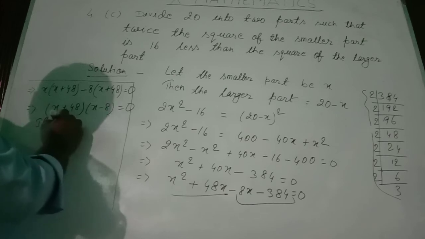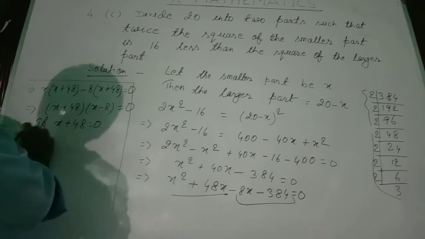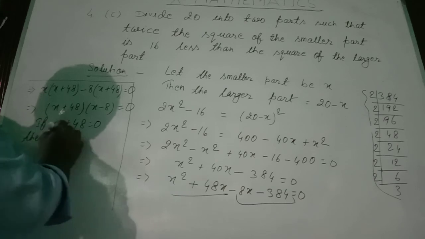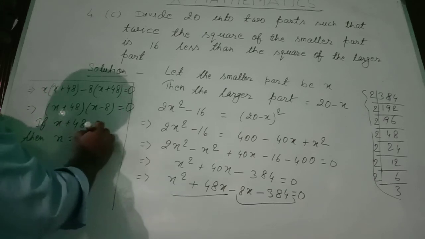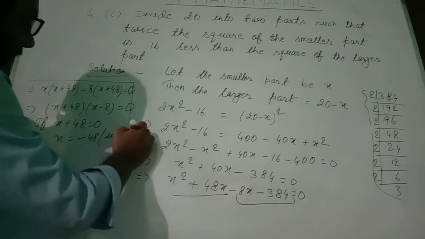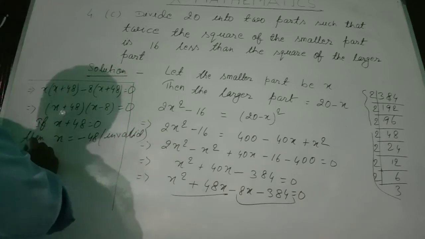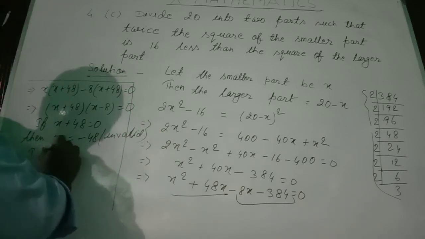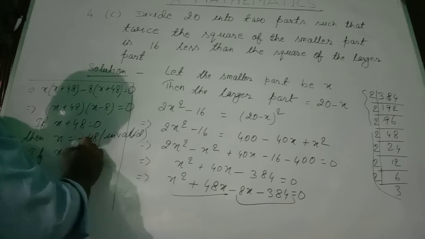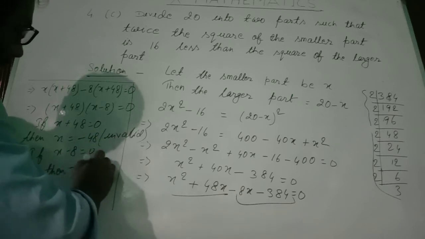If x plus 48 equal to 0, then x equal to minus 48. This is invalid. I wrote it in brackets. If x minus 8 equal to 0, then x equal to 8.